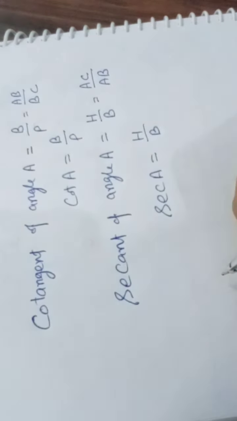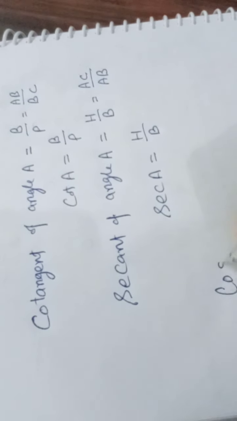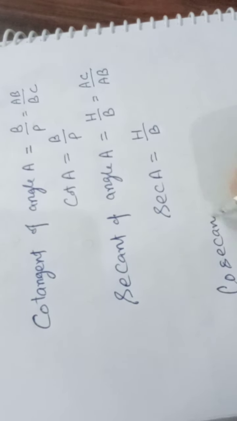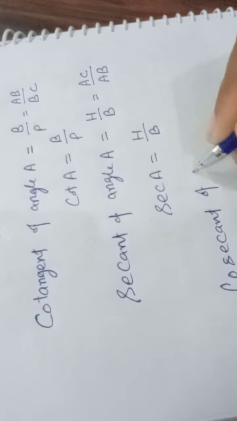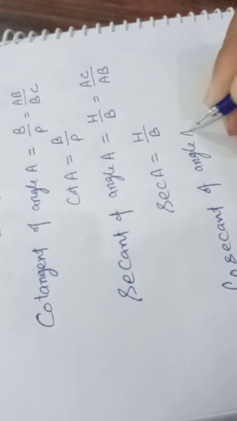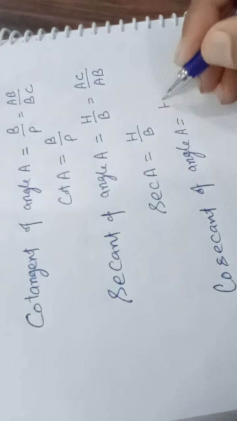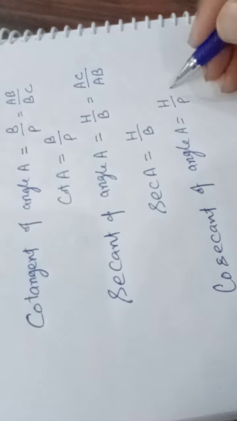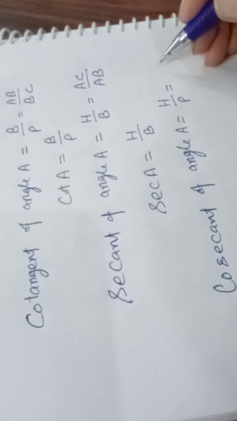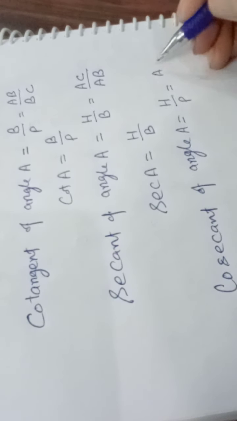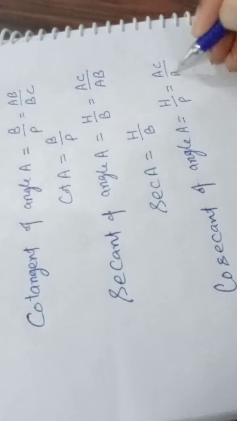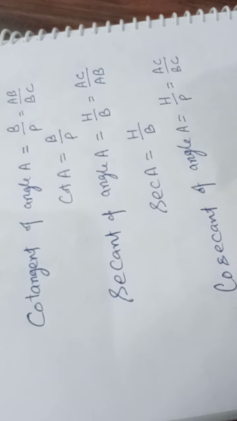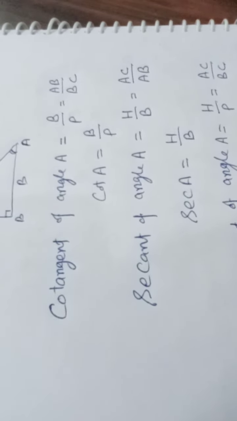And last ratio, it is cosecant. Full name is cosecant. Cosecant of angle A, it is hypotenuse to perpendicular. The ratio of hypotenuse to perpendicular. And in terms of sides, it is AC to BC. And its acronym is cosec.